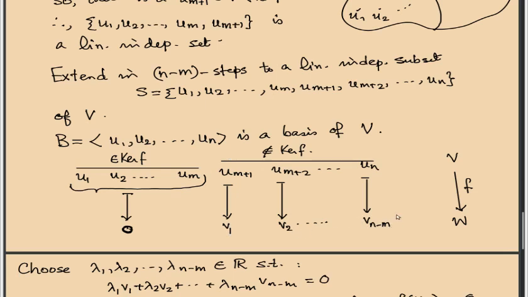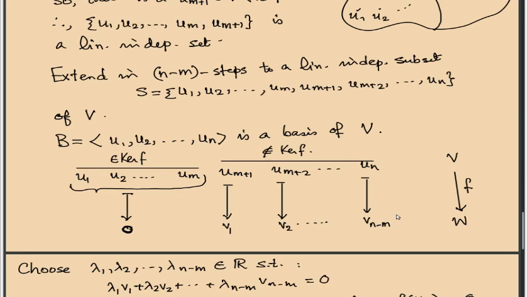So they are non-zero vectors. And we showed that v1, v2, v n minus m is linearly independent, and not only that, it spans the image of f. So everything in W which is an image under f is in the span of v1, v2, v n minus m.